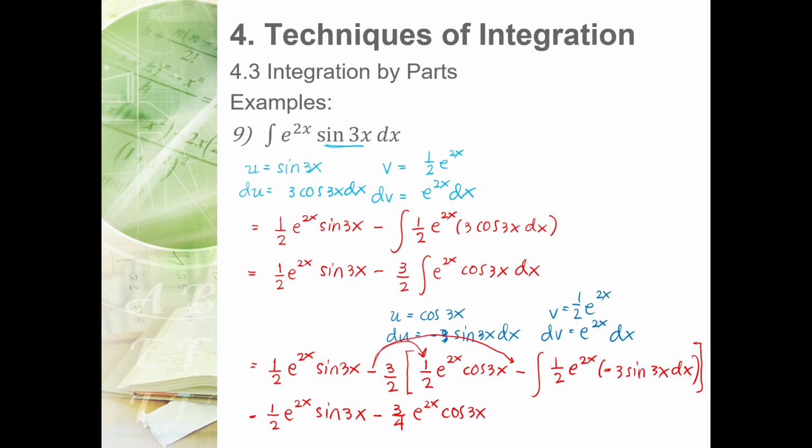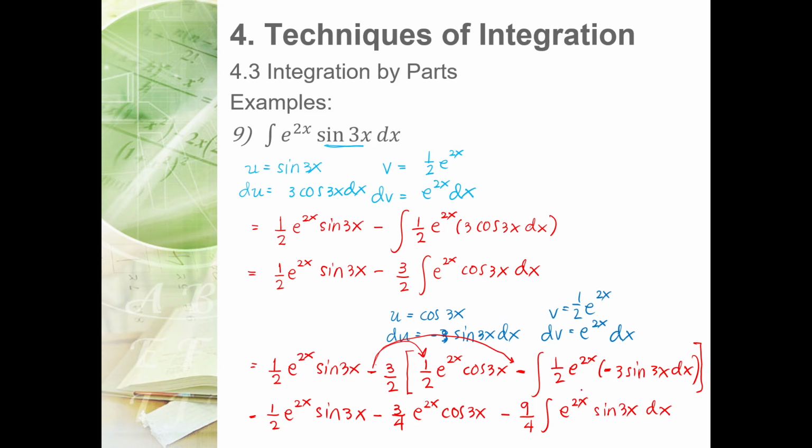So minus, it's still minus. So 3 halves times 1 half times 3. So that will be negative 9 over 4, the integral of e raised to 2x sine 3x dx.